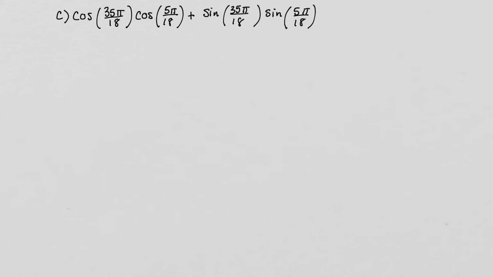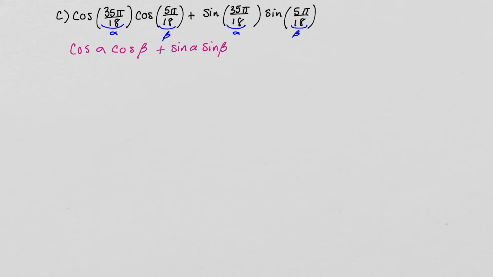So this looks a lot like, if you think of calling this part here, oops, let me do it in another color. If you think of this as an alpha and this as a beta, right, then this looks a lot like cosine alpha, cosine beta, plus sine alpha, sine beta.